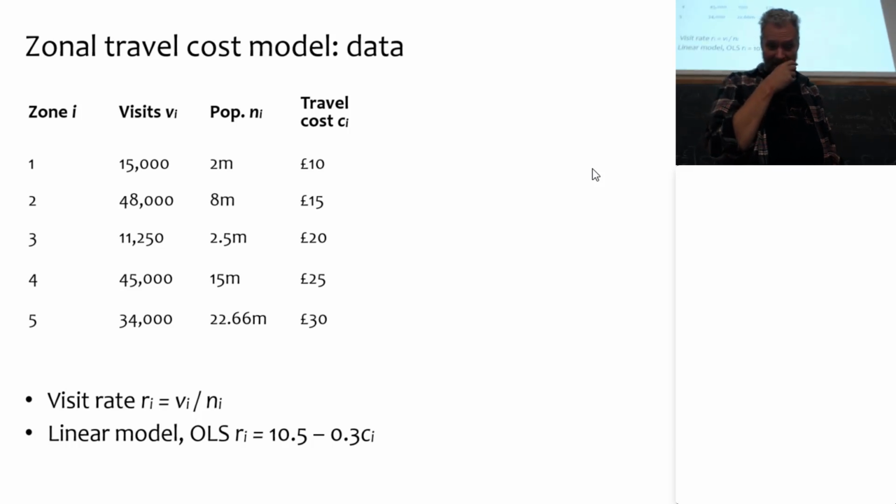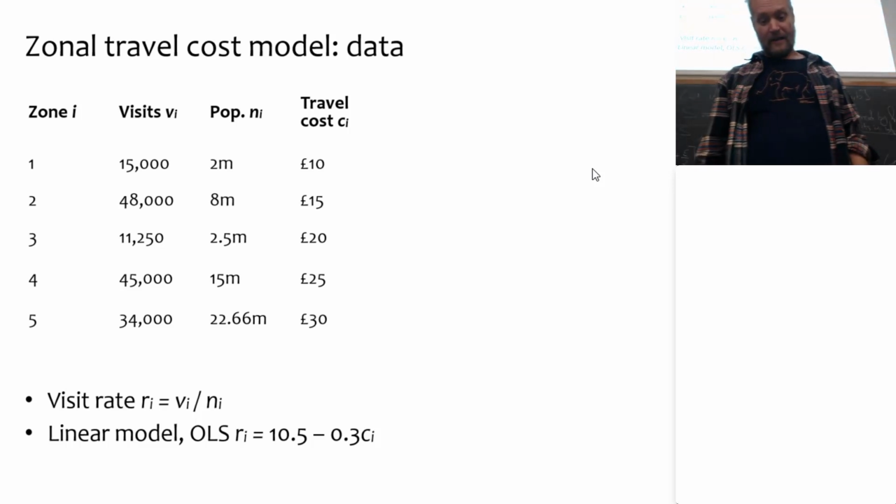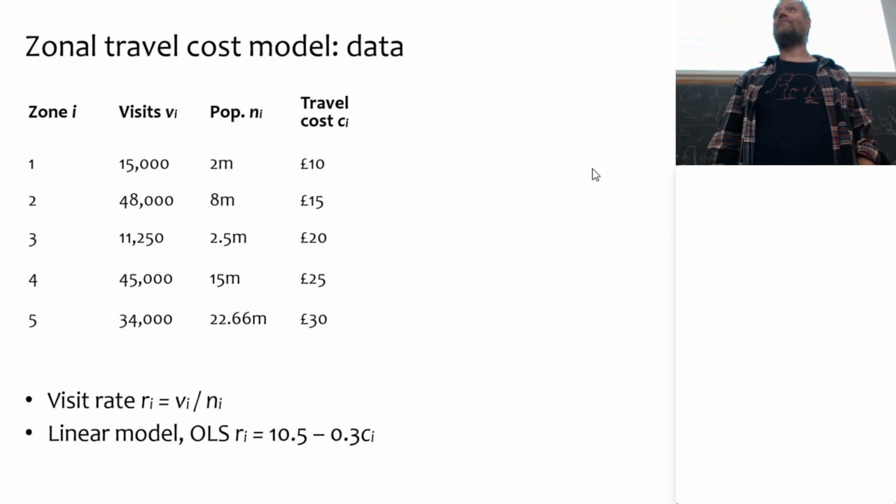And then you can estimate a linear model using ordinary least squares, for instance. And if you would do that on this data, you would find that the relative number of visits from a zone is equal to 10.5 minus 0.3 times the cost of going there, right? So now essentially you have a demand curve.